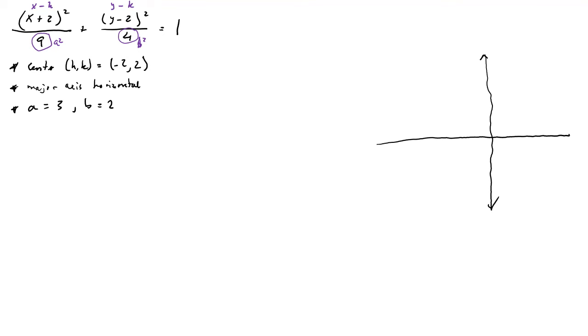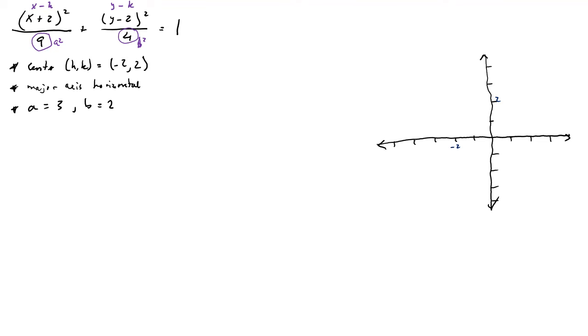I'm going to do my best not to butcher this graph. All right, so let's put the points that we know. We know the center is going to be the point -2 and 2.